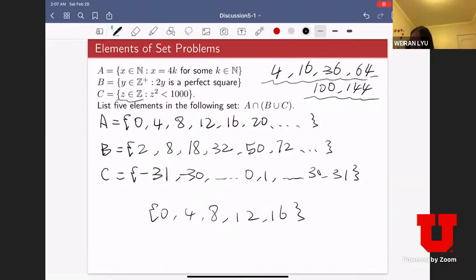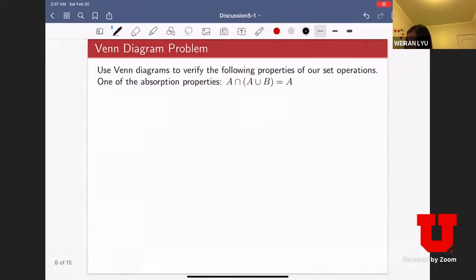All right, any other questions? Cool. So the next one is to draw the Venn diagrams to verify the following properties of our set operations. We want to use our Venn diagrams to prove the absorption property: A intersects A union B is A. I will give you about 3 minutes to draw the Venn diagram.